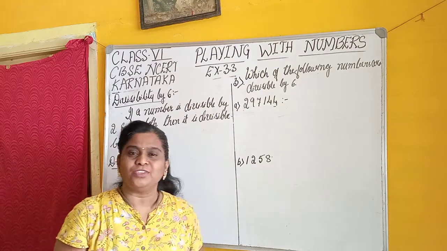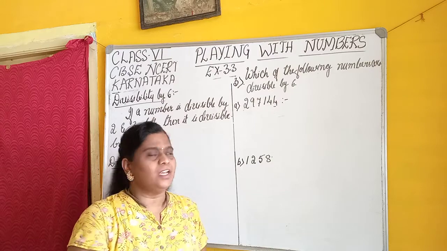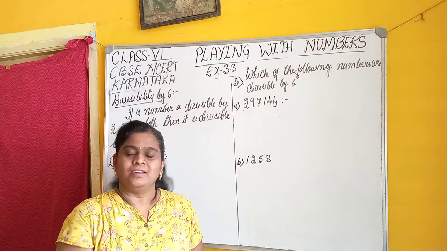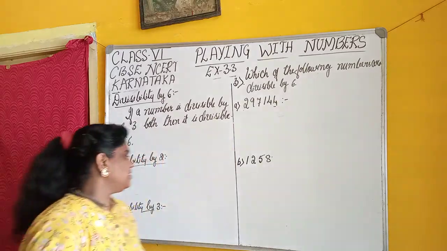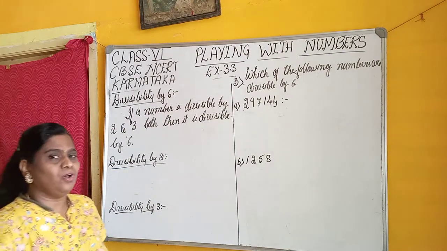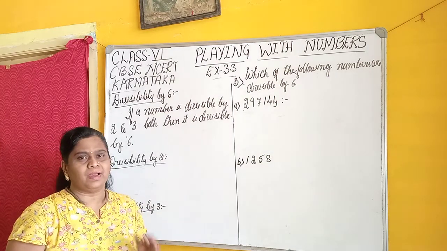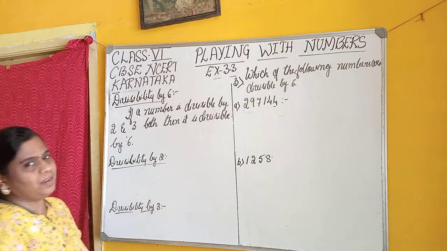Yes, understanding is very easy, but in the statements you will get confusion. If you solve the problems, definitely you will understand, students. Here, divisibility by 2. Let us know how we can tell that a number is divisible by 2. It's very easy.